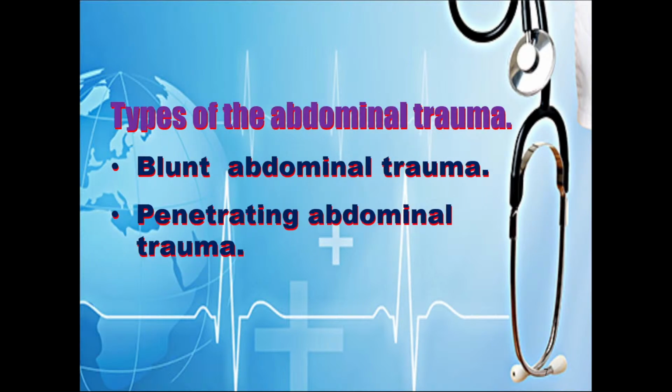Types of abdominal trauma: it can be blunt abdominal trauma and it can be penetrating. So the difference is if the parietal peritoneum is damaged. If it is damaged, it will be penetrating abdominal trauma.